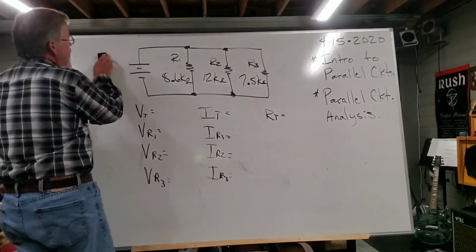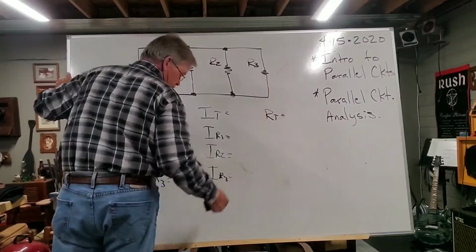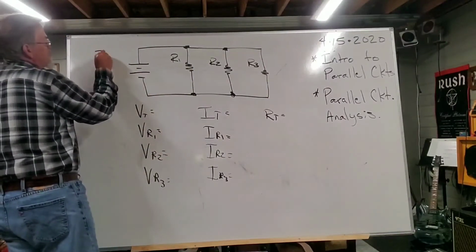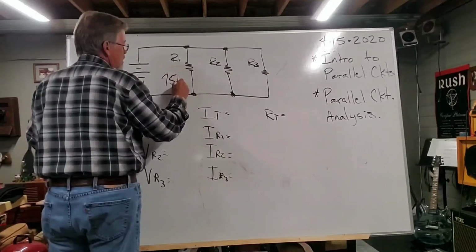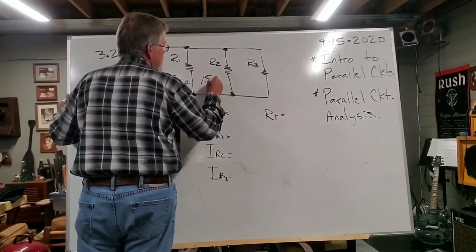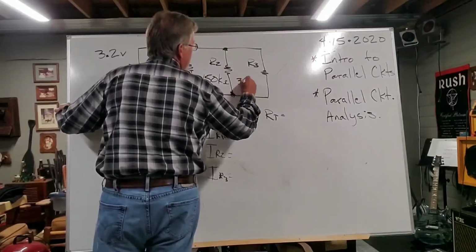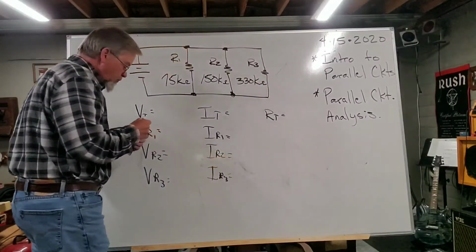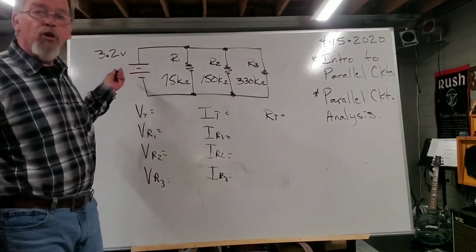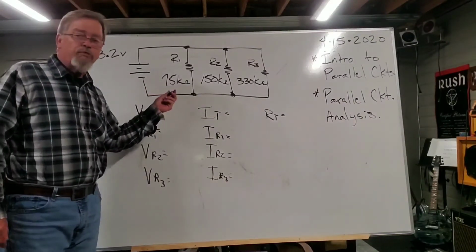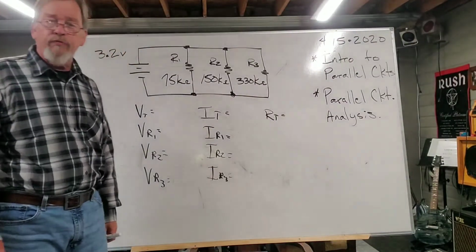And then the last one, so for the last one, what I want y'all to do, got a 3.2 volt total applied voltage, 75 kiloohms for R1, 150 kiloohms for R2, and 330 kiloohms for R3.